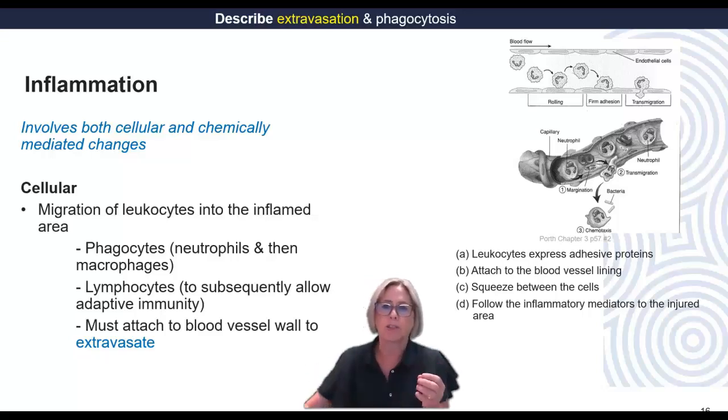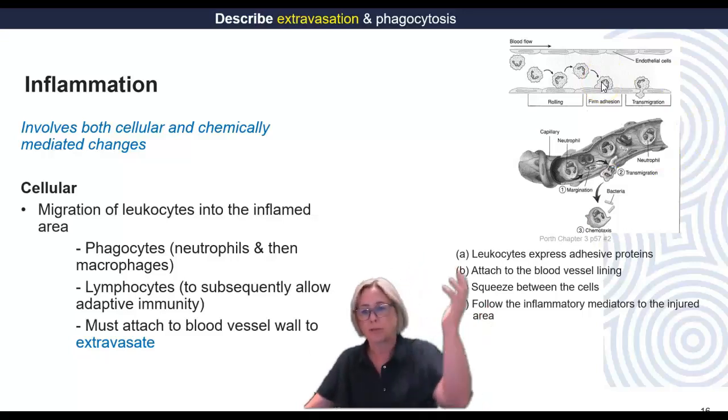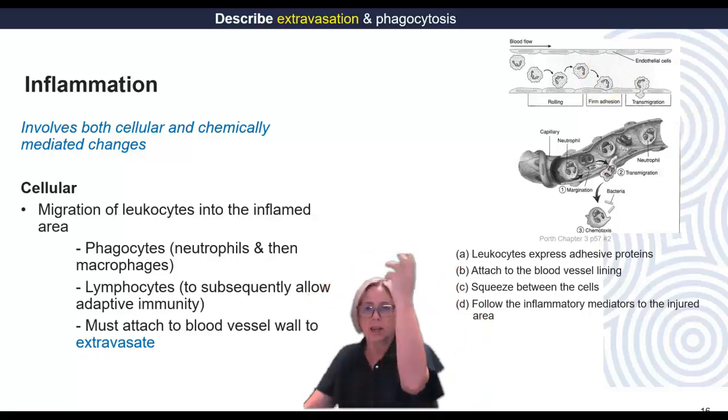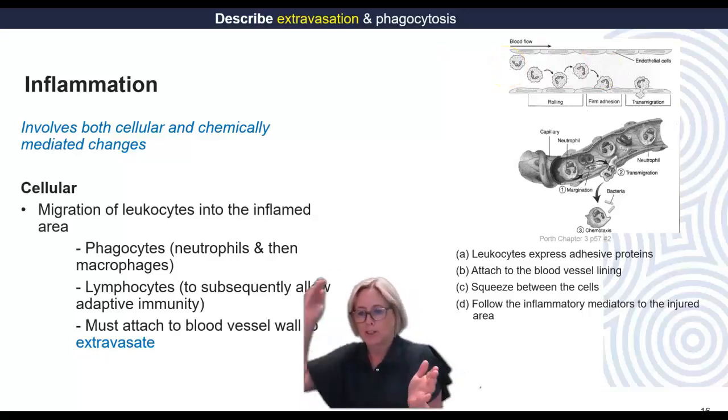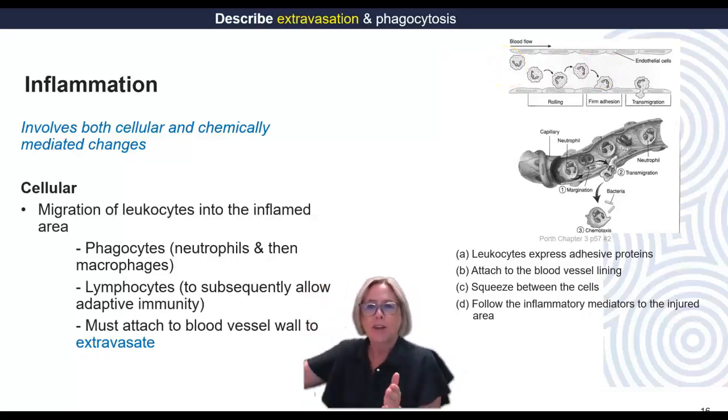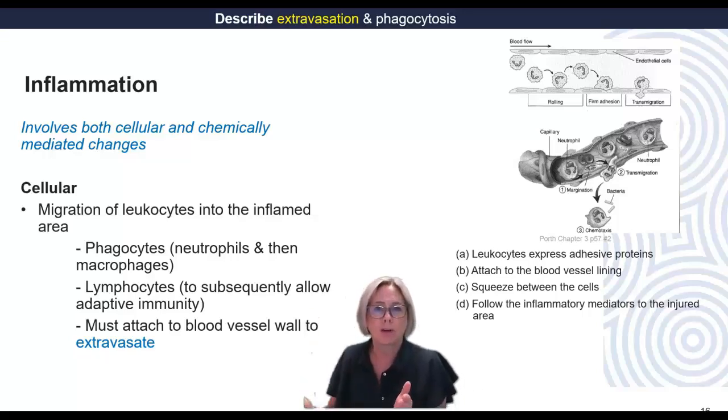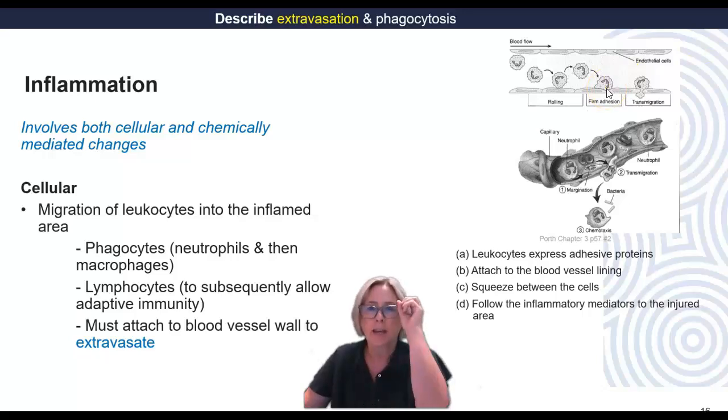So what happens is, they start rolling and attaching and popping off and rolling and attaching and popping off. And as they're sort of doing this rolling gymnastics kind of maneuver, they start to express more and more of these sticky proteins. And eventually, as you can see here, they make a firm stick to the endothelial cell.